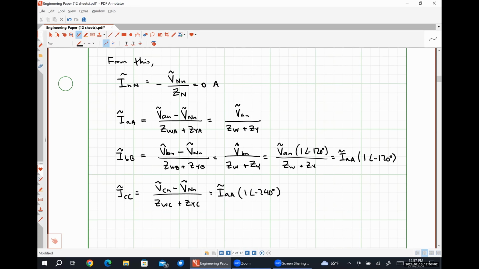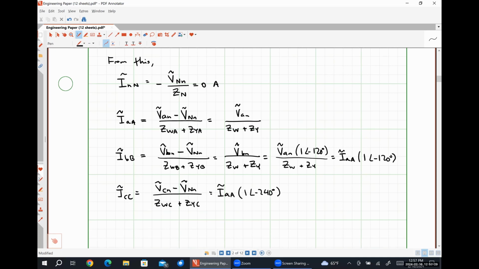So in our balanced system, what we have just observed is that all of our line currents are identical in magnitude, but separated in phase by 120 degrees, just like our source voltage, okay? So that's a pretty important thing, but we can take this a couple of steps further, right?